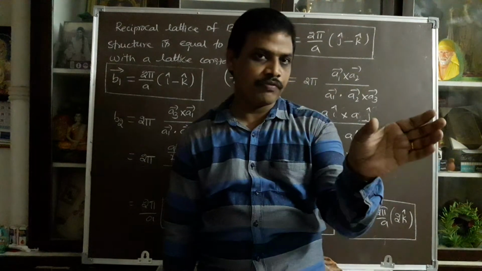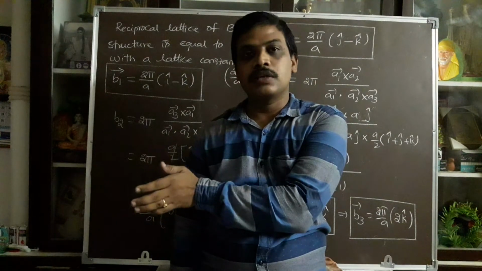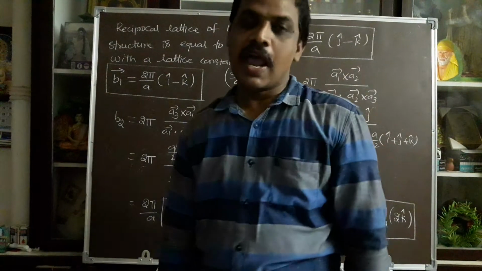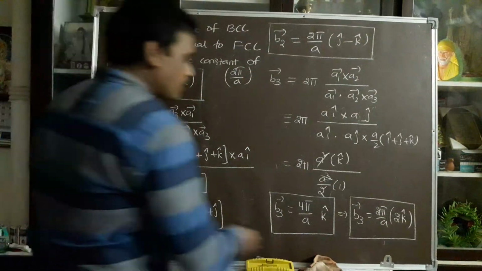Normal crystal structure face centered cubic structure is matched with reciprocal lattice of BCC structure with a lattice constant of 2 pi by a. What is the volume of the unit cell?